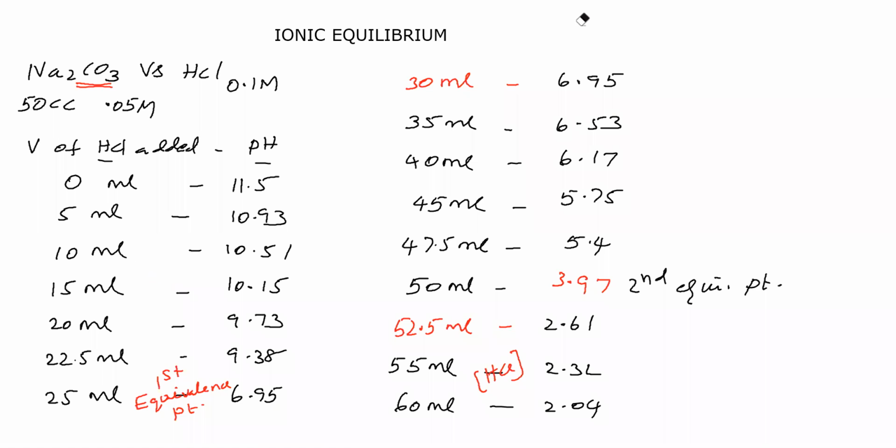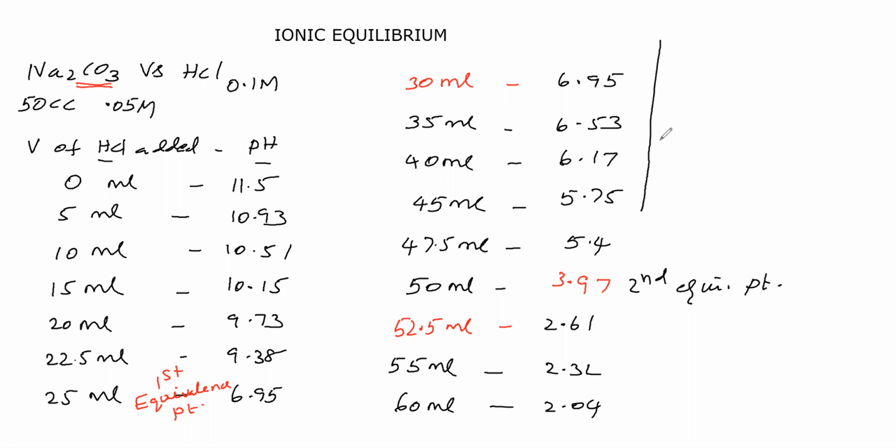If you want the second equivalence point alone, use the suitable indicator which will indicate color change at the second equivalence point. If we want both, use a suitable indicator that will give color change at both equivalence points. Depending upon the requirement, you use it.